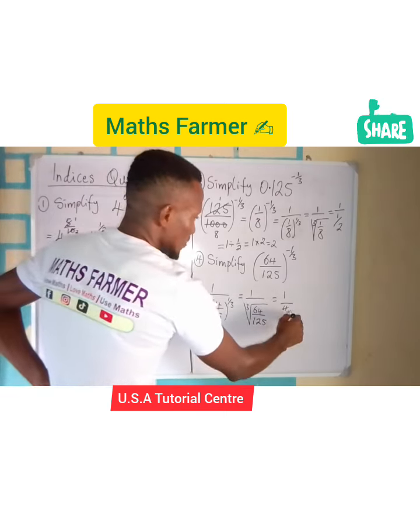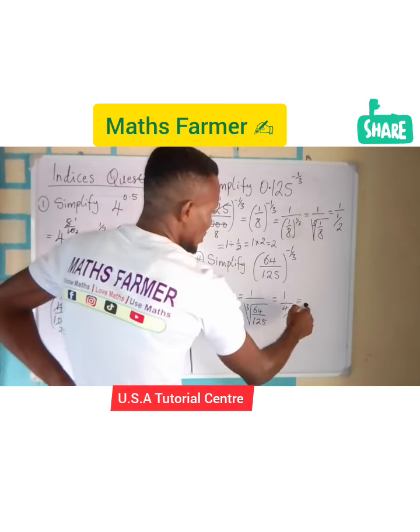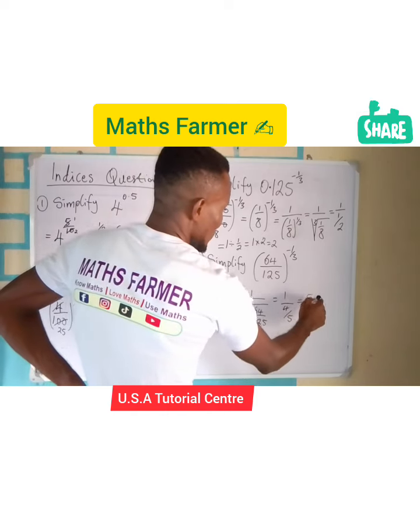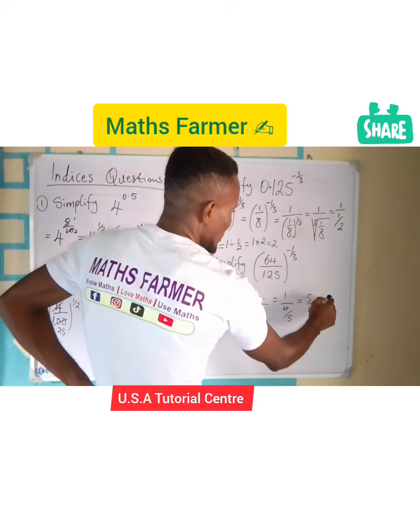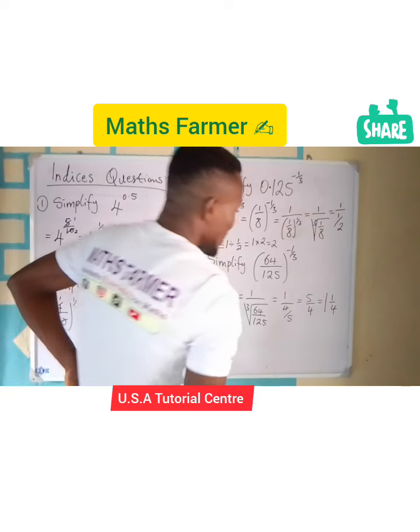The cube root of 64 gives us 4, and the cube root of 125 gives us 5. So now our answer is going to be the inverse of this, which is 5 over 4. This is an improper fraction, which is one whole number and 1 over 4.